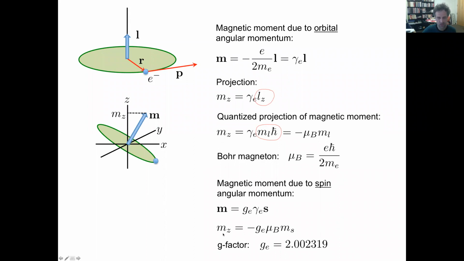And then also the spin angular momentum will contribute, and that's given by the equation right here. This is the same Bohr magneton, but now there's a prefactor in front of it, which is 2. For all intents and purposes, g equals 2. So how do we factor this in, and what are the consequences of these two sources of magnetic moments?